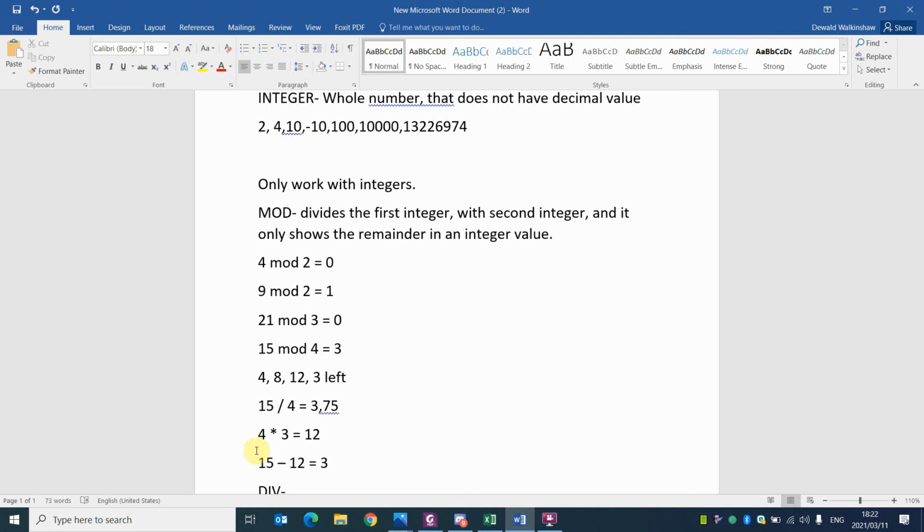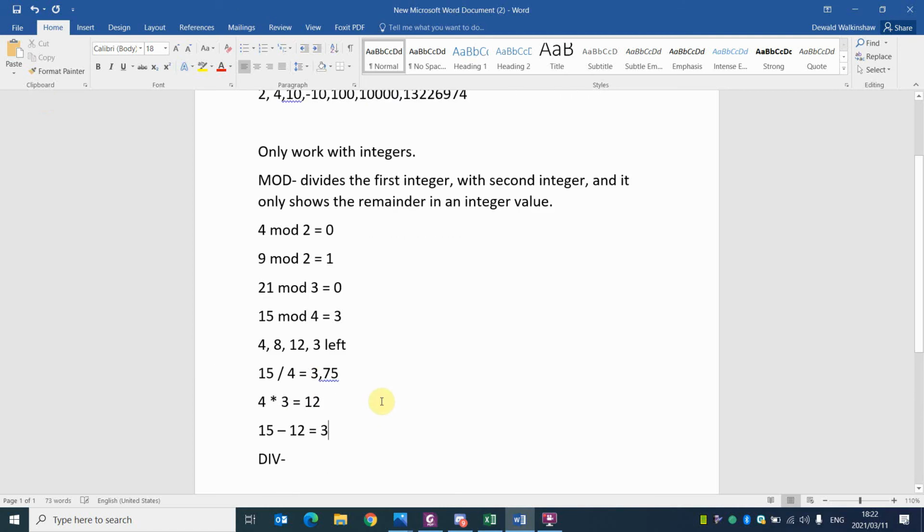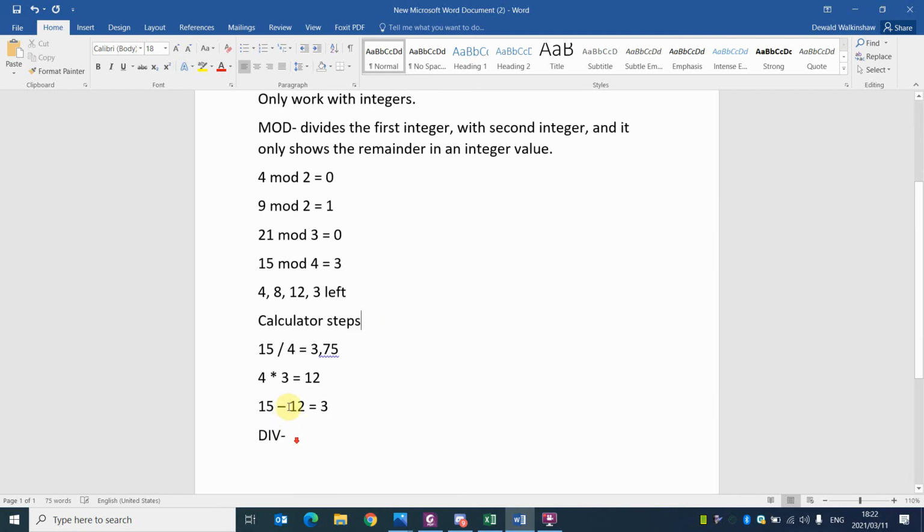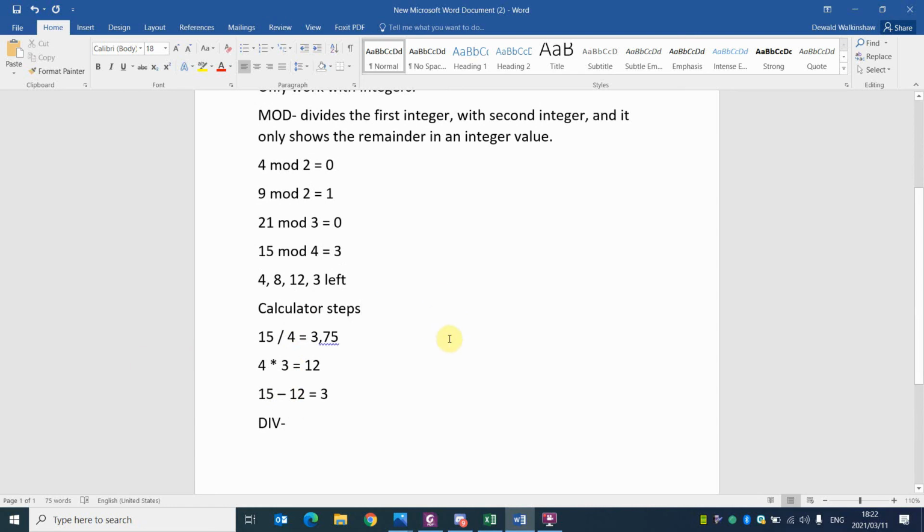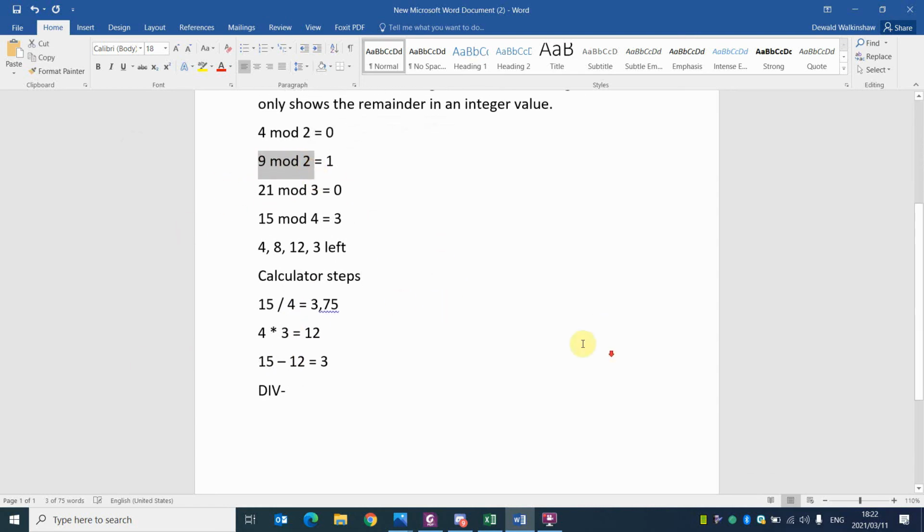I know this sounds easy, you can just literally count it, but if you have large numbers, then these are the steps you would take on a calculator. Okay, this is obviously if you need to do it manually. If you do it on a computer and you type in this line, it will just give you the answer.